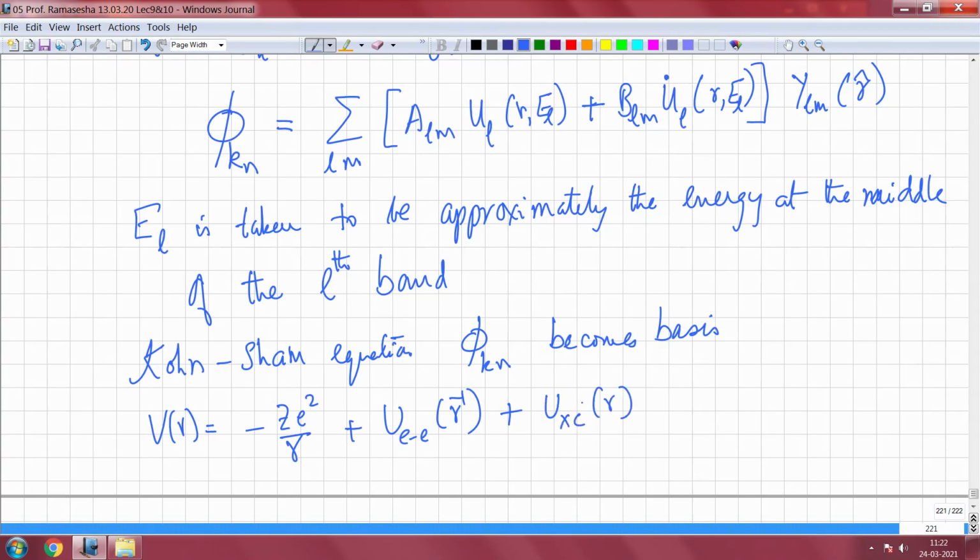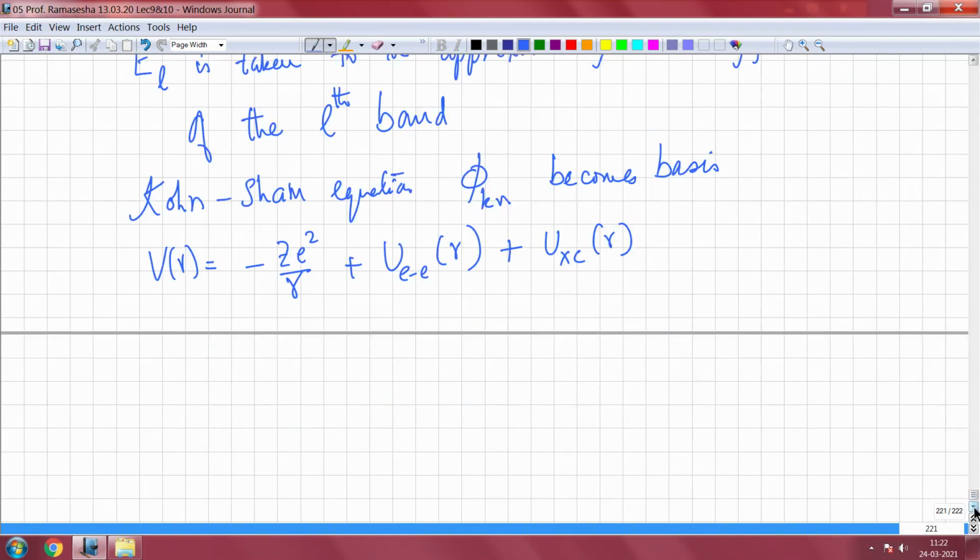And what you are doing is you will make sure that you use this VR as the one that is used in the Muffin-Tin potential approximation. Okay, so now I think we will not have a vector notation there.